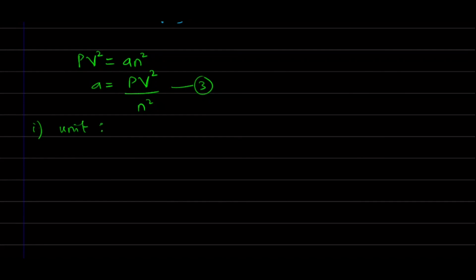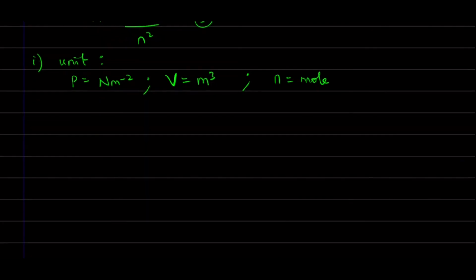The unit of P is Newton per meter square. The unit of volume is meter cube, while the unit of number of mole is mole, which we have discussed in another video.